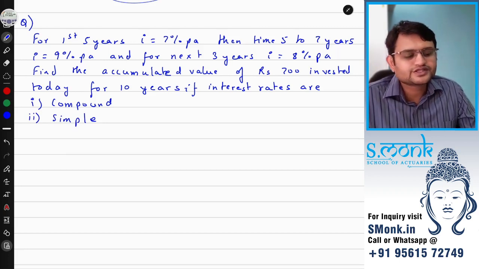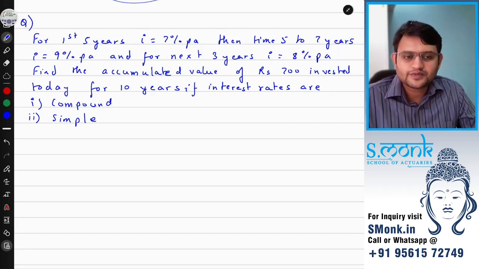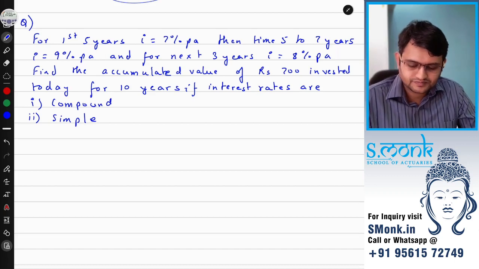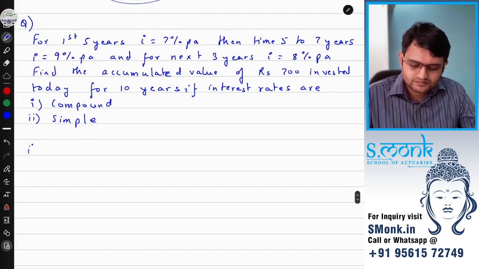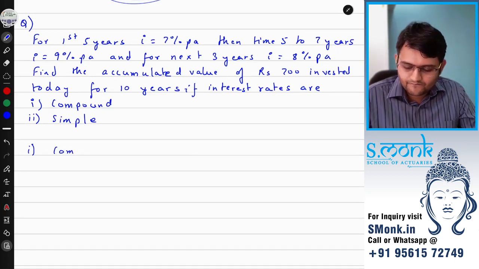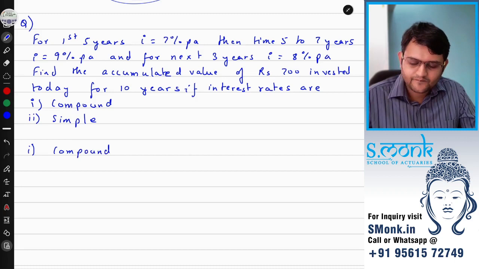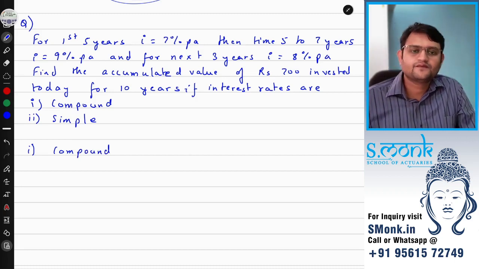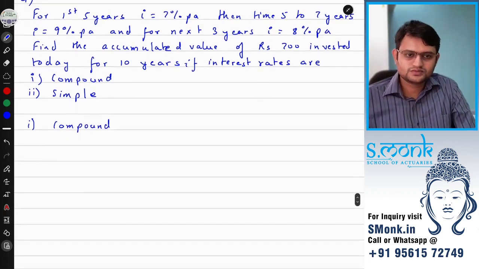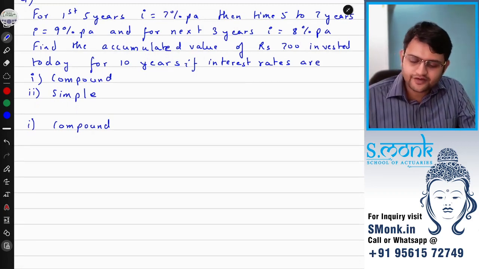What if the interest rate I'm assuming is simple? So first of all, we have 3 different rates of interest.